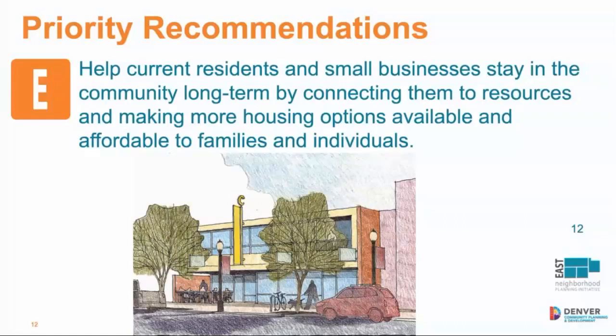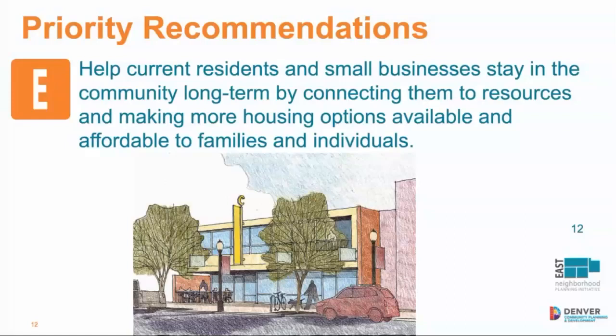One of them being that many residents in the East Colfax neighborhood are vulnerable to involuntary displacement. And so our priority recommendation is to help these residents and small businesses stay in the community long term by connecting them to resources and making more housing options available and affordable to families and individuals.